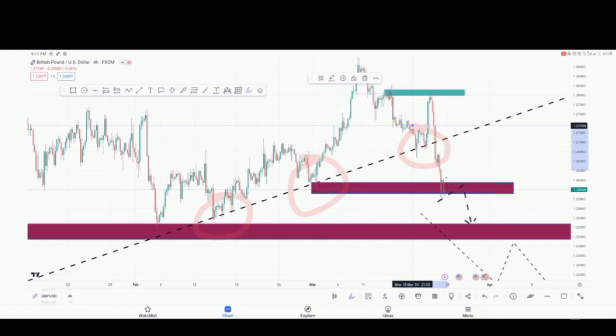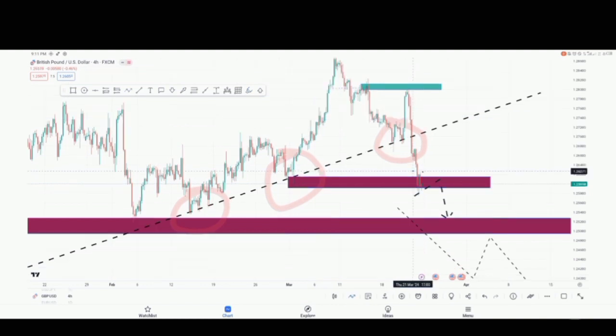So on the 4 hours time frame, guys, we're expecting price to reverse from here and then retest our trend line before continuing downwards.